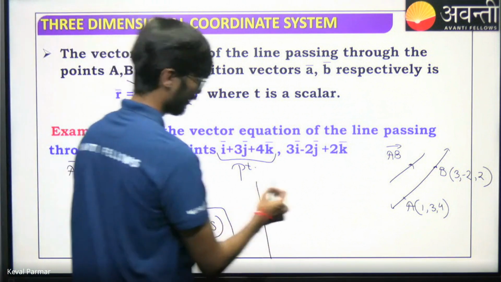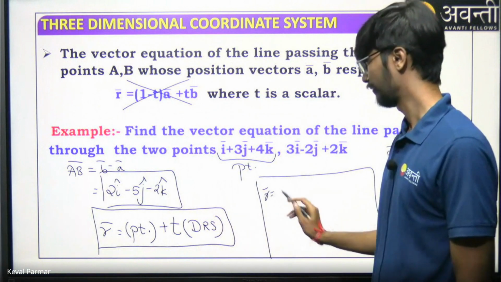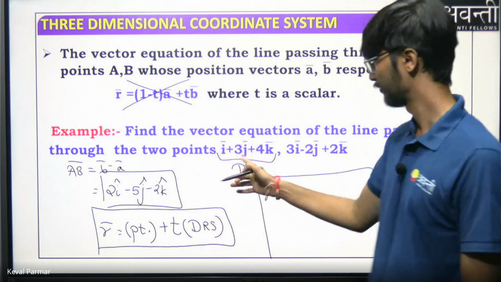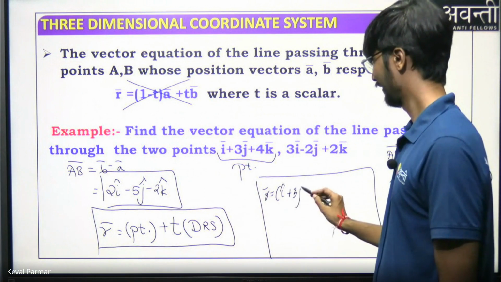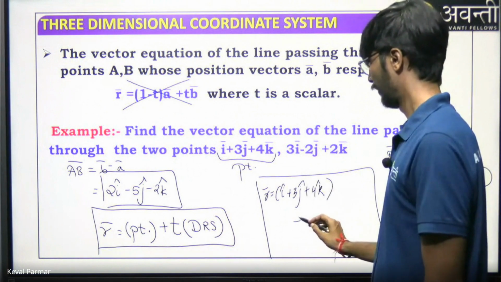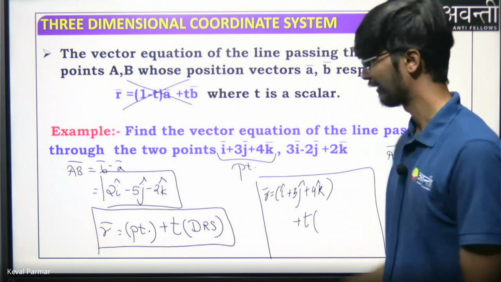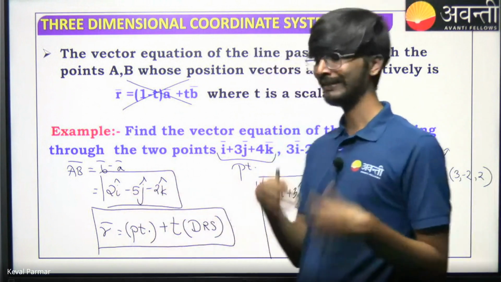So here my answer will be, guys, r vector is equal to point. This is the point. So i plus 3j plus 4k plus t times DRs. This is the DRs. DRs are 2, minus 5, minus 2, but we need a vector.